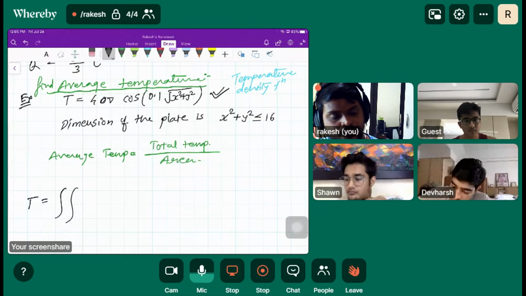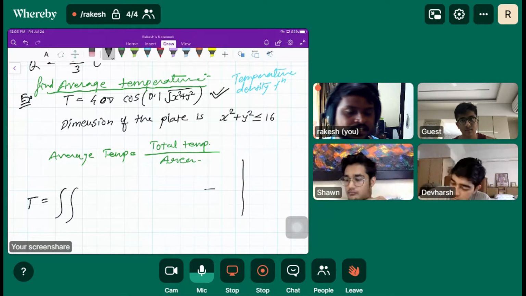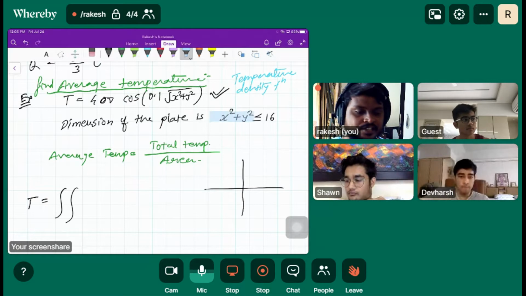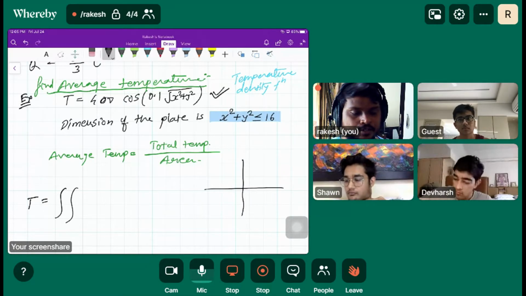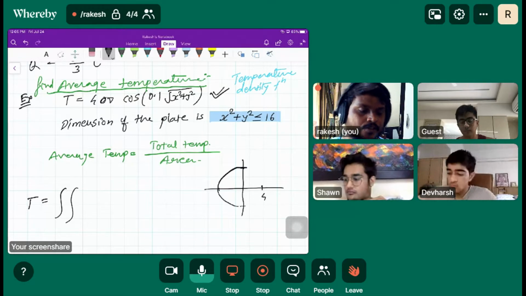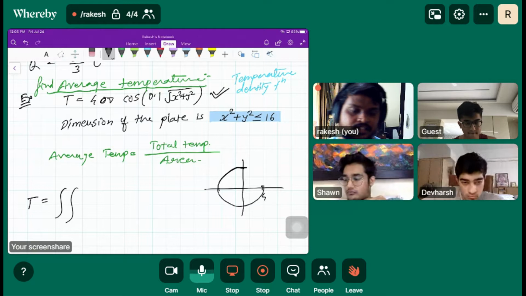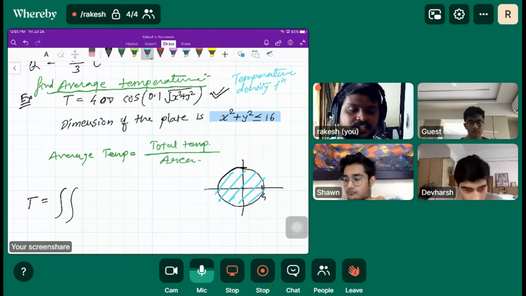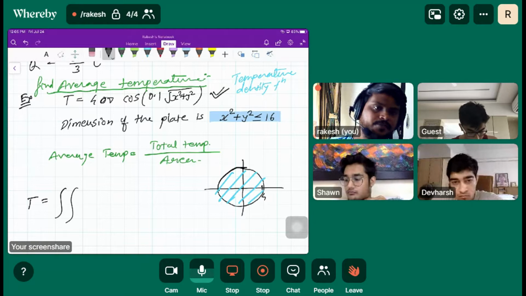Before that, we have to draw the region. The region is x square plus y square less than or equal to 16, defined by this function, so the radius is 4. We can draw the circle like this, and this is your region. Less than means inside, obviously.